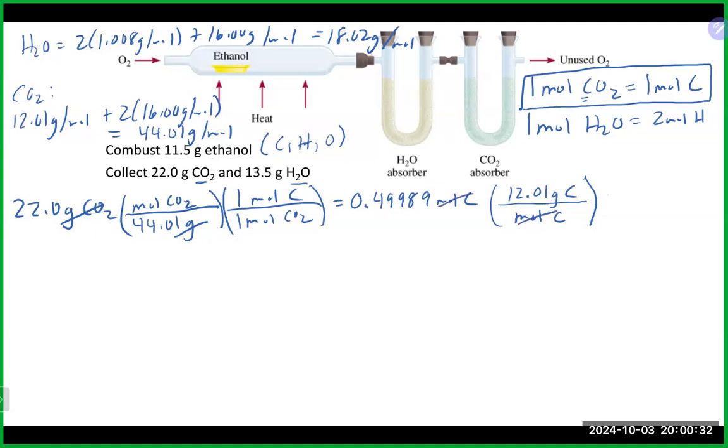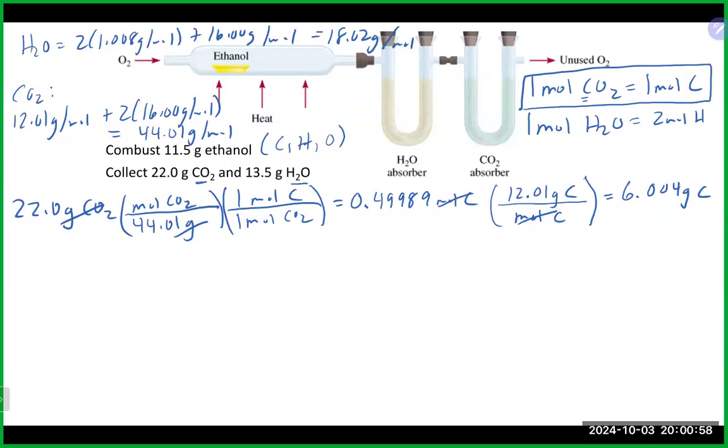The moles of carbon will cancel, and we will end up with about 6.004 grams of carbon. So basically, from this calculation, even though we absorbed 22 grams of CO2, 6 grams of that is carbon. And the only source of where carbon could have come from was our sample at the beginning.